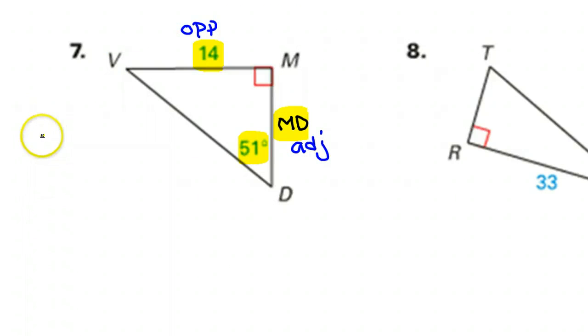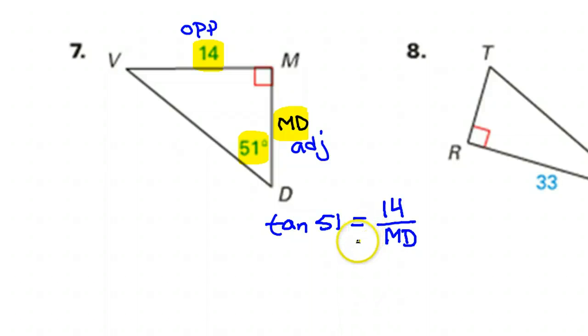So we will go, tangent of 51, always put an angle here, is equal to opposite over adjacent. So 14 over MD. You can use an X or something if you want, but in the end, you better put MD so I know what you're talking about.